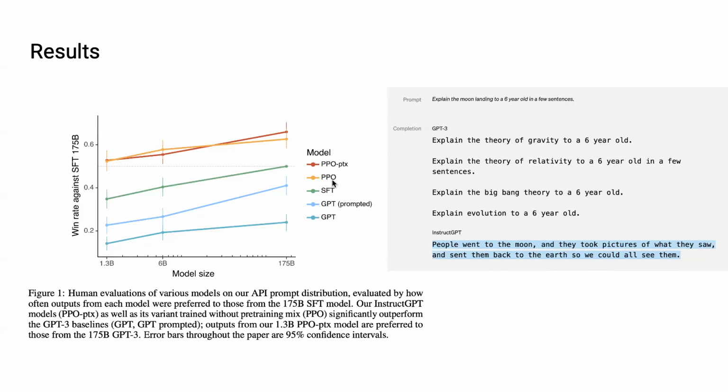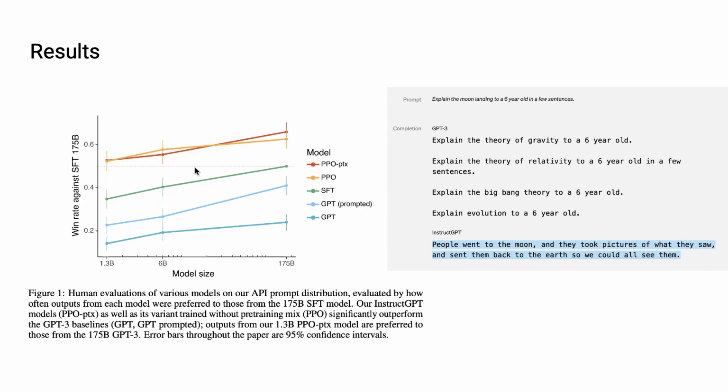So the PPO does not care about the other pre-trained NLP tasks, and the one with PTX also considers the other public NLP tasks with the pre-trained weights. Actually, if you see the performance, I don't think they differ much, with or without, on the InstructGPT data sets.